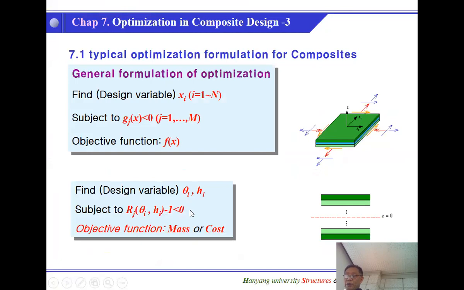The optimization is subject to this condition, a very typical one as I mentioned, which can be a strength ratio, and the objective function is mass or cost.